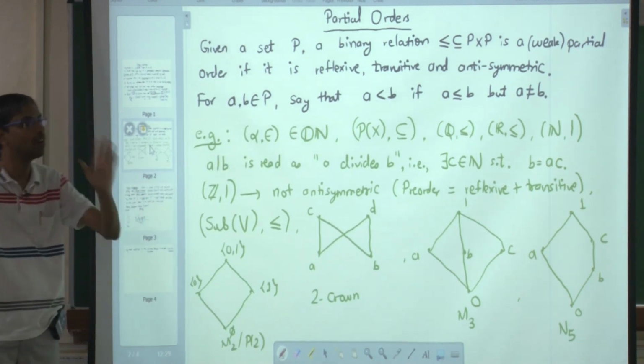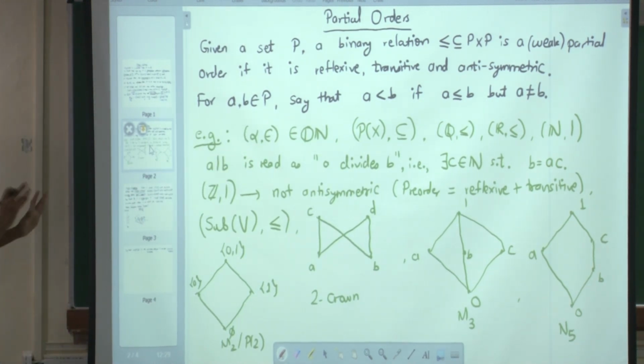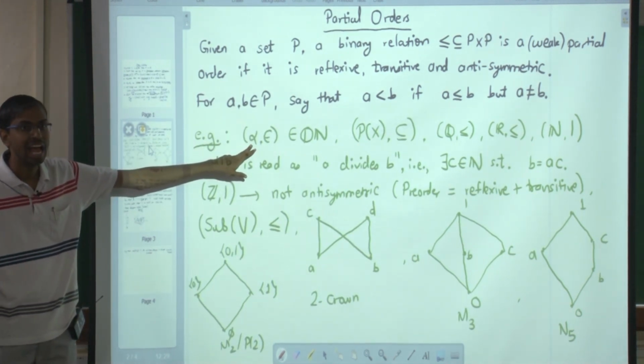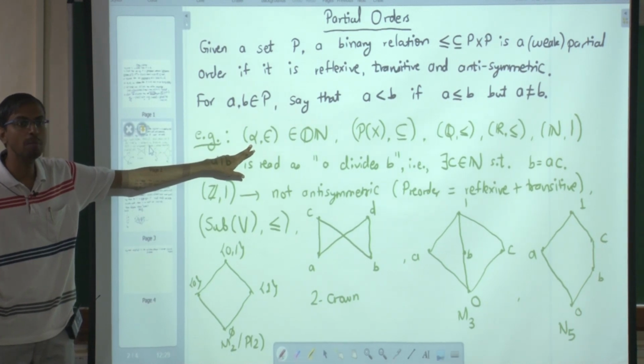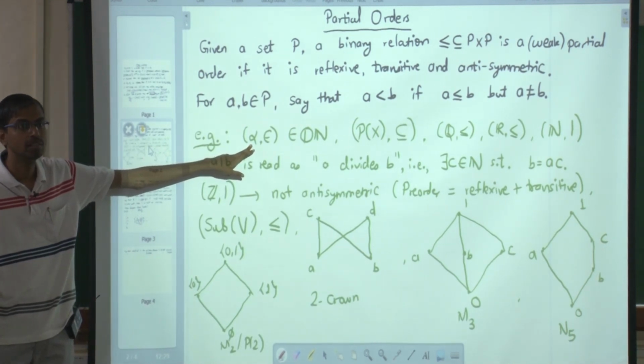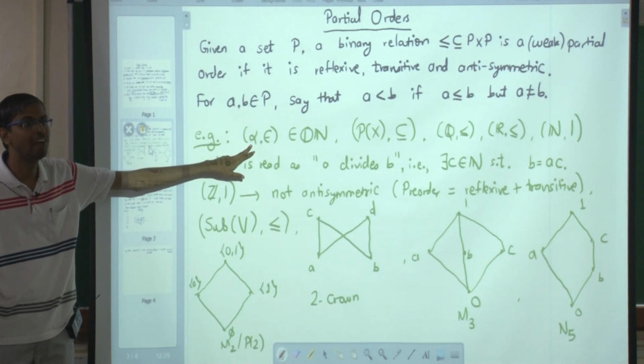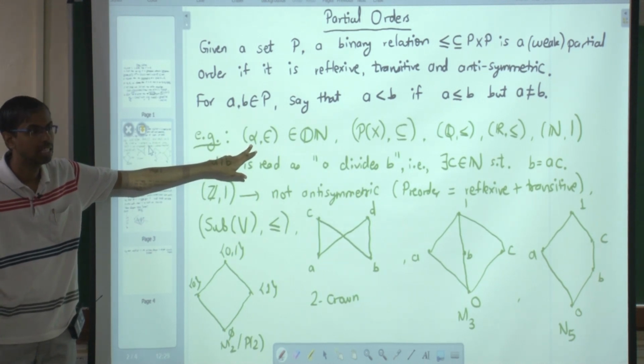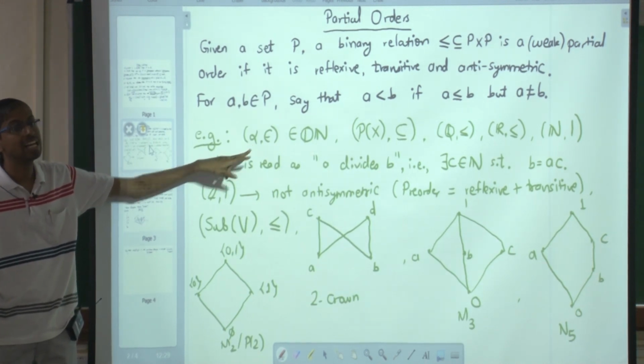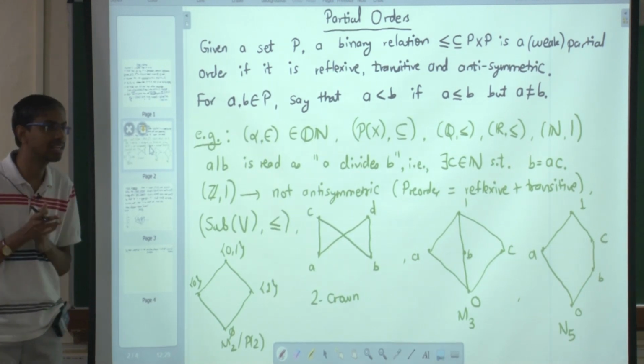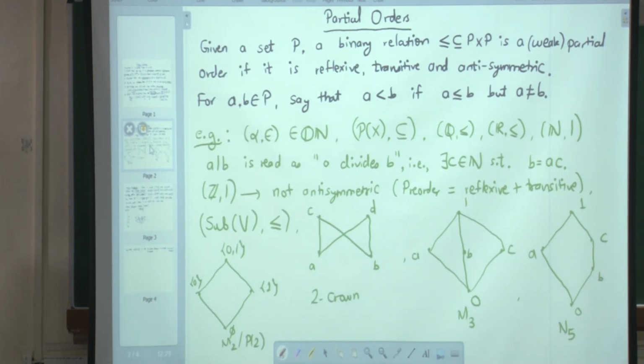If alpha is non-zero, then it has a minimum element. Please be aware. And does this have a maximum element? Not always, but when? If it is a successor ordinal, then it must contain a maximum element.